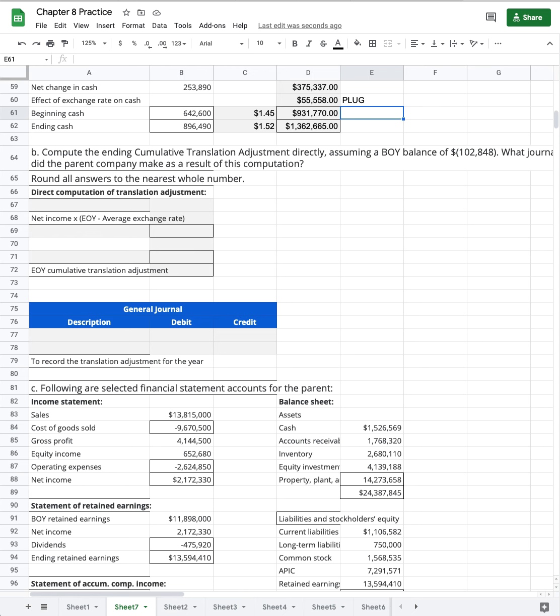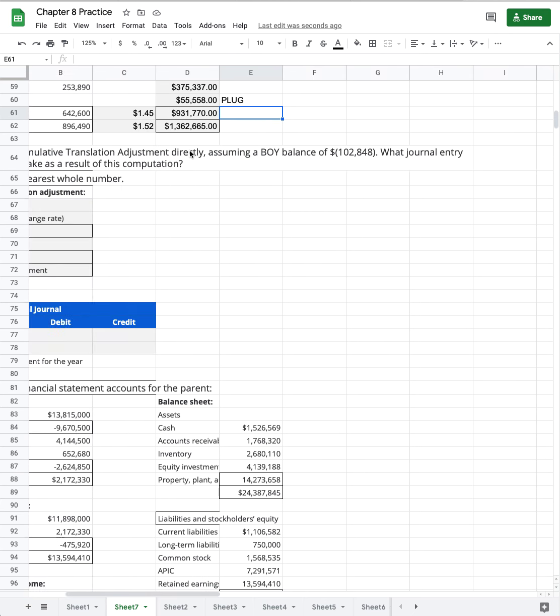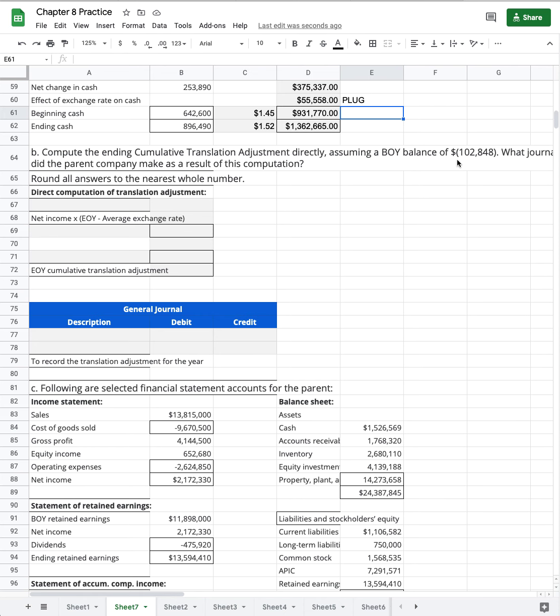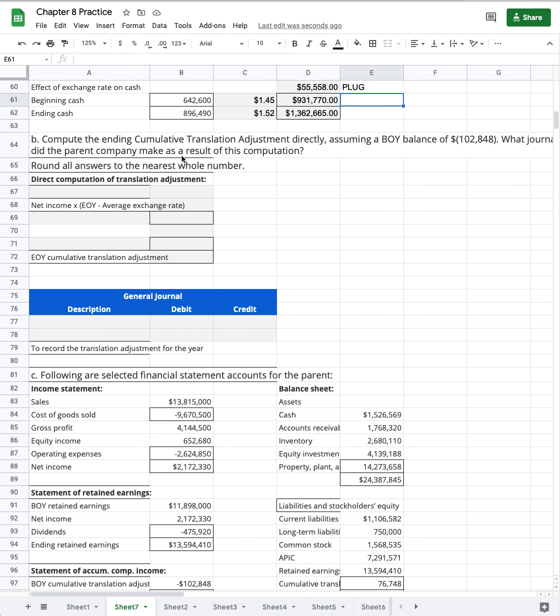So then the next portion of this tells us to compute the ending cumulative translation adjustment directly, assuming a beginning of year balance of $102,848. What journal entry did the parents make as a result of this computation?